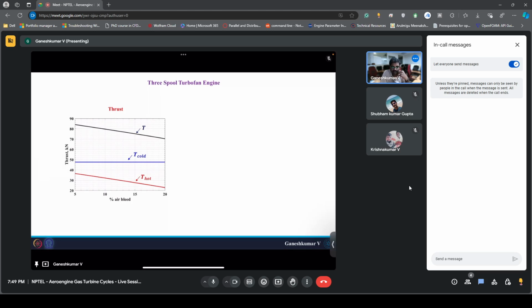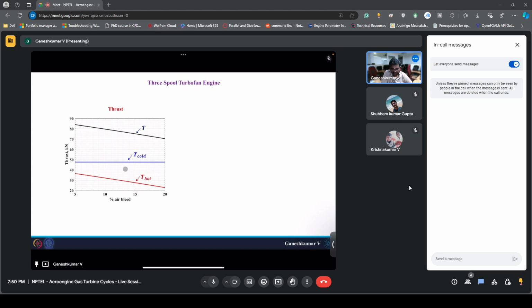You can observe certain things here. For example, if you look at the thrust in the bypass stream, or T code, this blue line, there is no change in the thrust. You can see it is just a straight line, which was around 48 kilonewtons. That is not changing because of air bleed, as expected, because there is no change in the bypass stream. What we see is there's only change in the core stream.